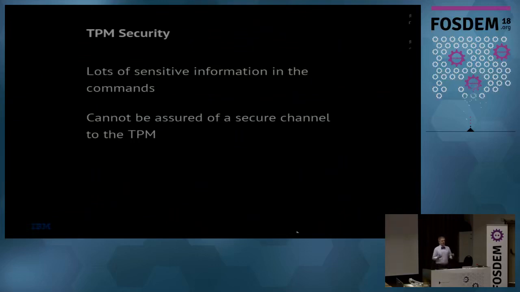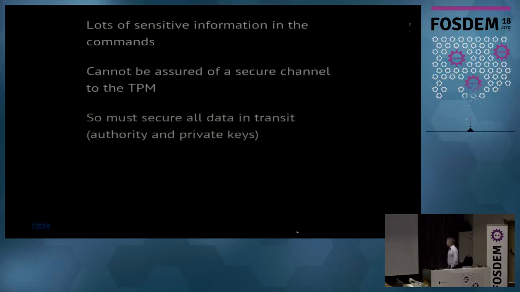But you should never, ever, as an application, assume that you have a secure channel to the TPM, and you should always use these encryption functions. So you should never use this TPM_RS_PW easy button. You should always use the proper parameter encryption. And you must secure all data in transit to assure that it's not intercepted by an eavesdropper who would then run off with this key you're desperately trying to shield.